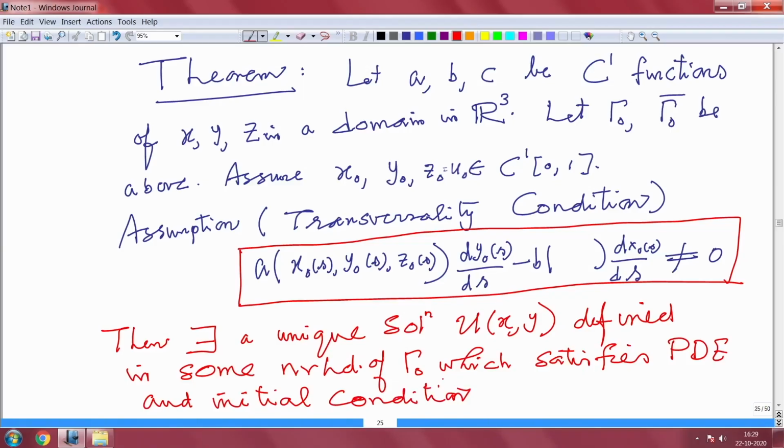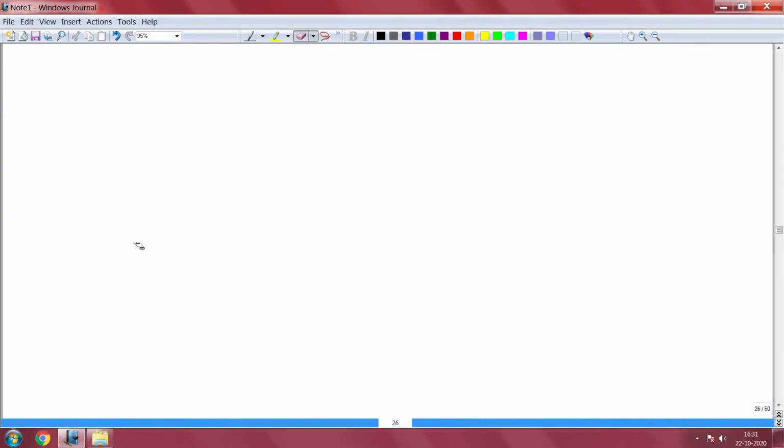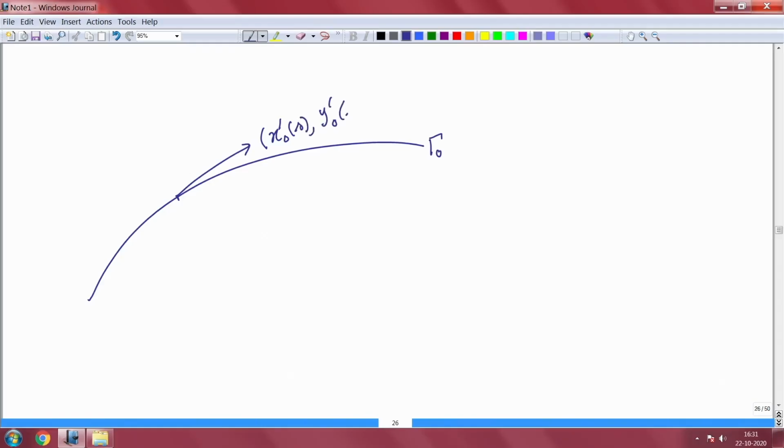So, what does this transversality condition mean? Go to the next page. You have your initial curve, gamma naught, and at this point you have your tangent, that is nothing but x naught, dx naught by ds. I am using two different notations, that is all, y naught of s, and then AB is your curve direction.